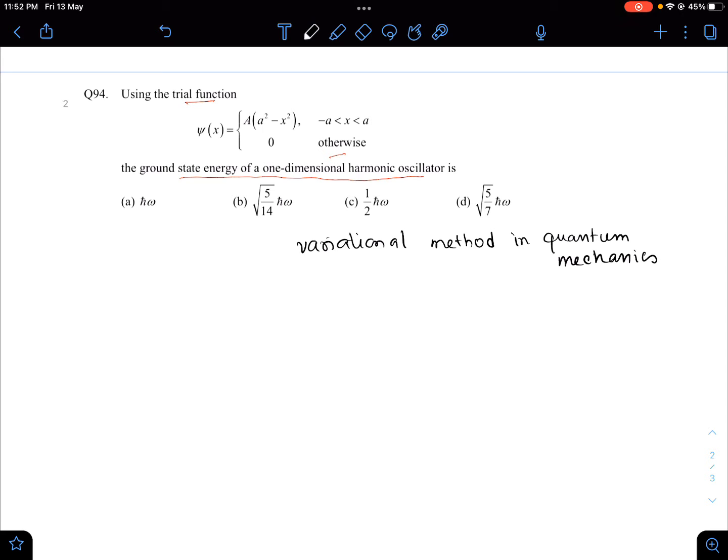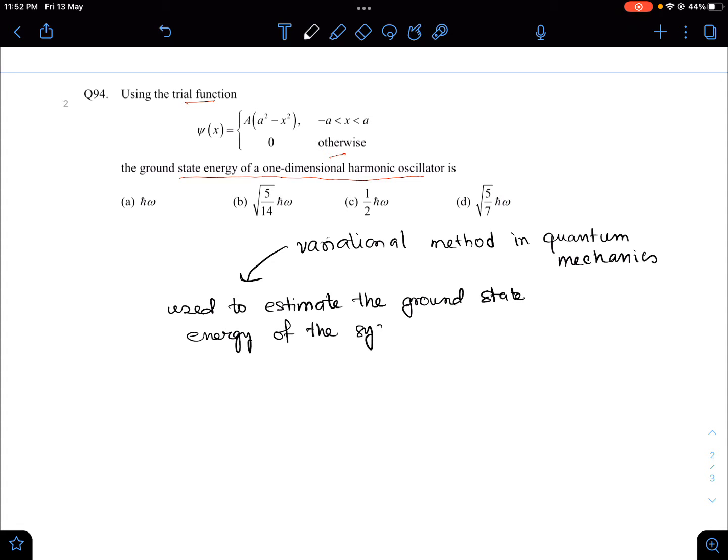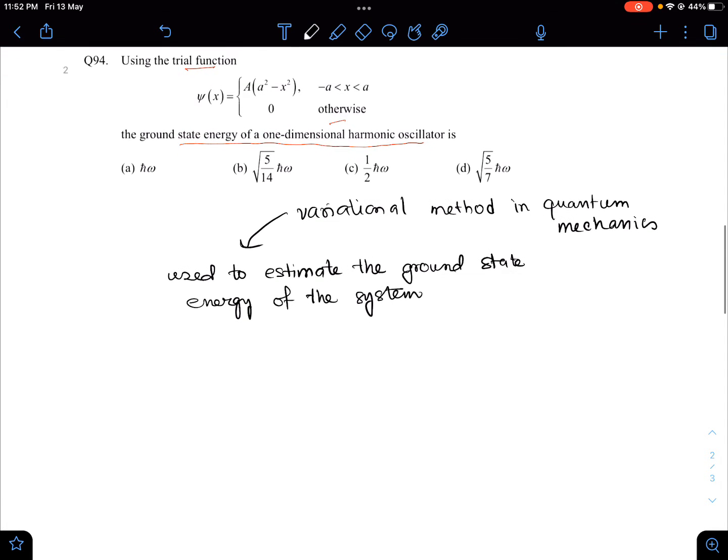This trick is used to estimate the ground state energy of the system.